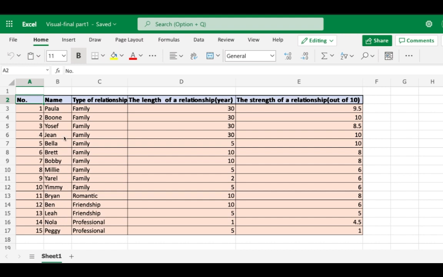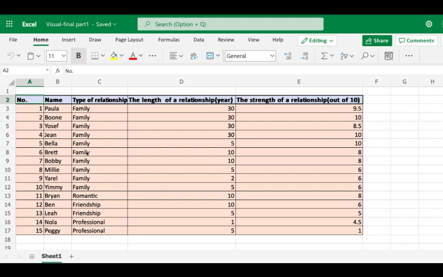That is the name of each of them, and I also created the type of relationship, for example, family, romantic, friendship, and professional. I also created the length of the relationship in years, like 30 years, 1 year, 5 years.